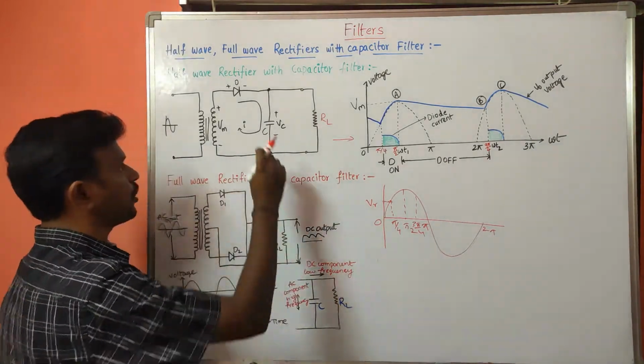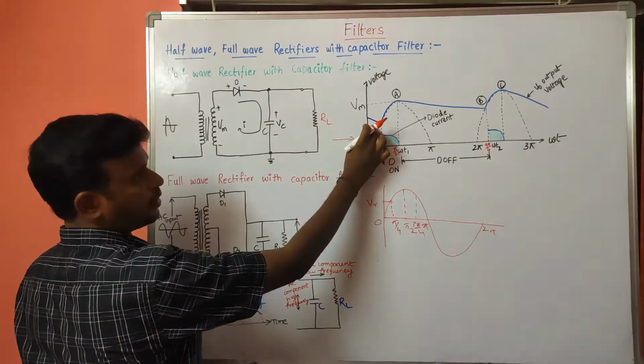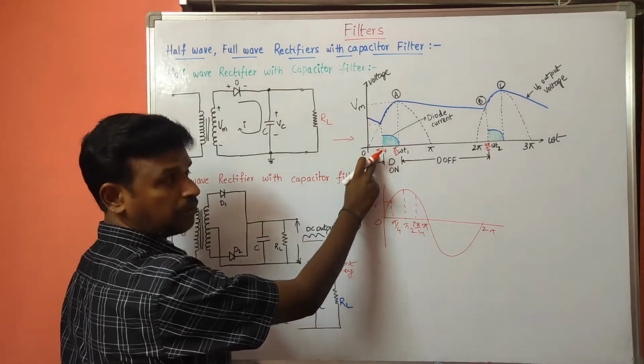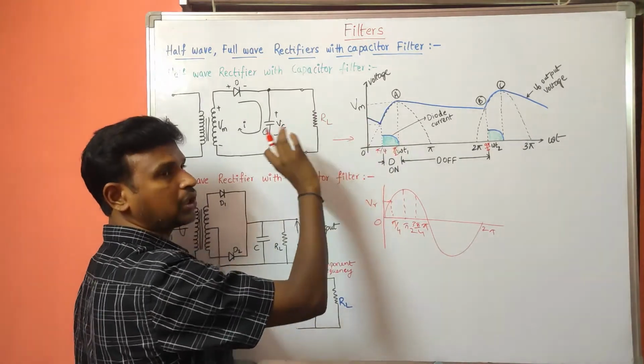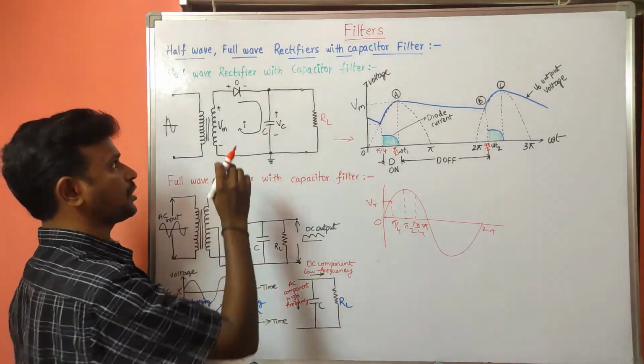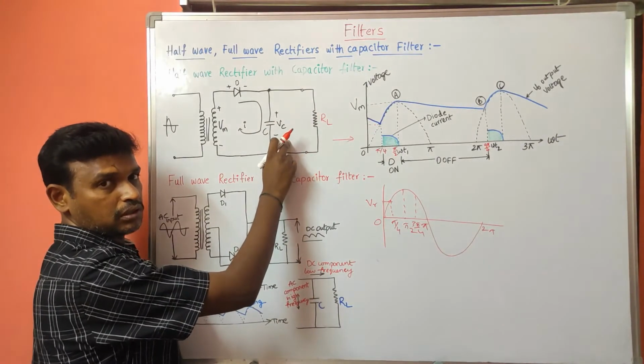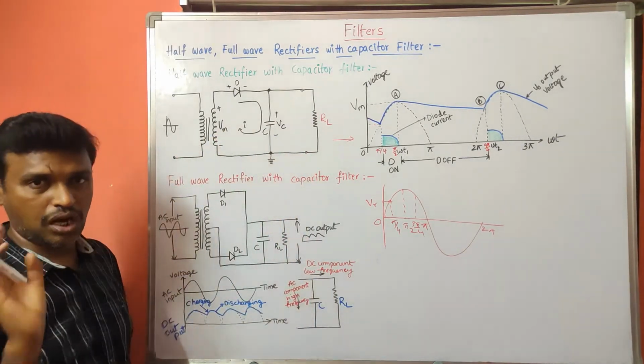If you observe up to this point, that is at pi by 4, what happened? The diode cannot conduct. The diode cannot conduct means no current will flow through the capacitor. That means the capacitor cannot charge.